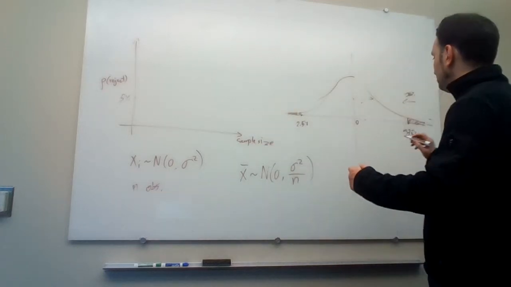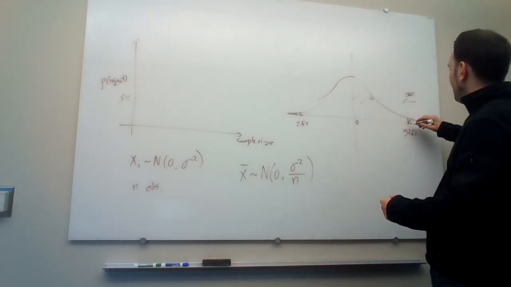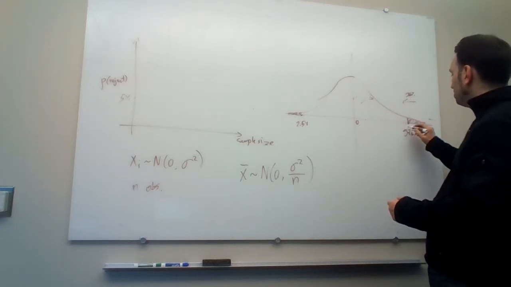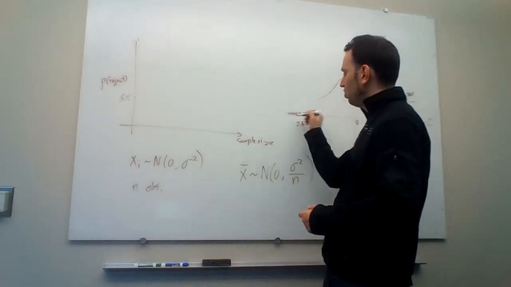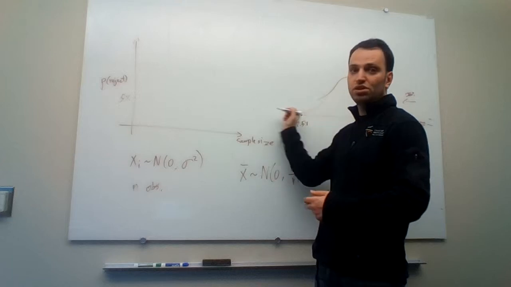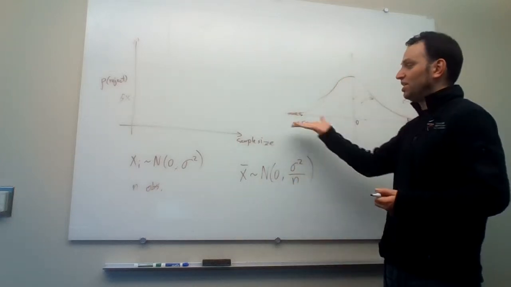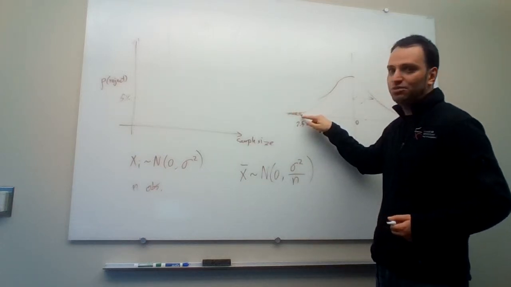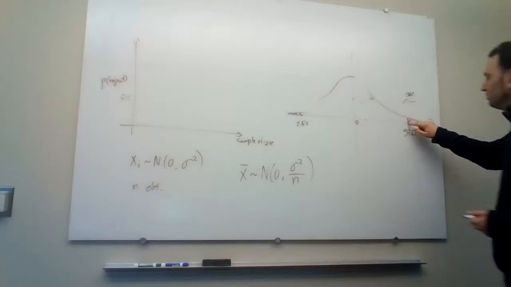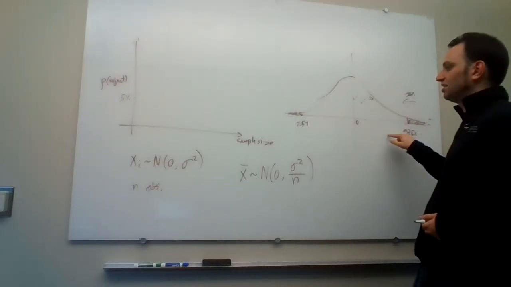So what we need to say is, how often would it be that you'd get a value beyond this 97.5th percentile to the right or below this 2.5th percentile to the left? How often does it happen? Well, 5% of the time, because this is what those percentiles mean. 2.5% of the time you'll get the value over here, and 2.5% of the time you'll get the value over here. 95% of the time you'll be getting a value over here.